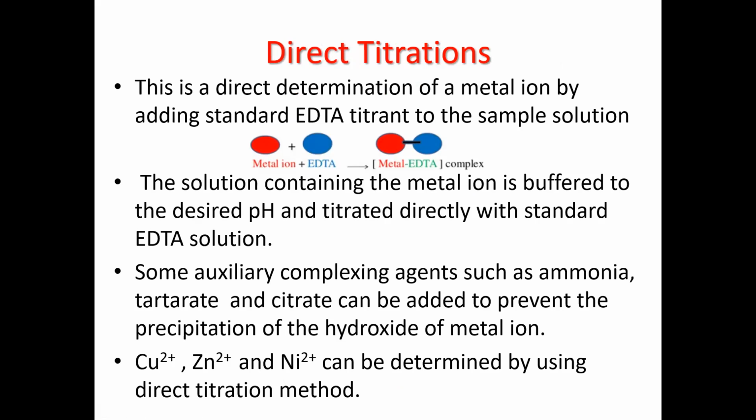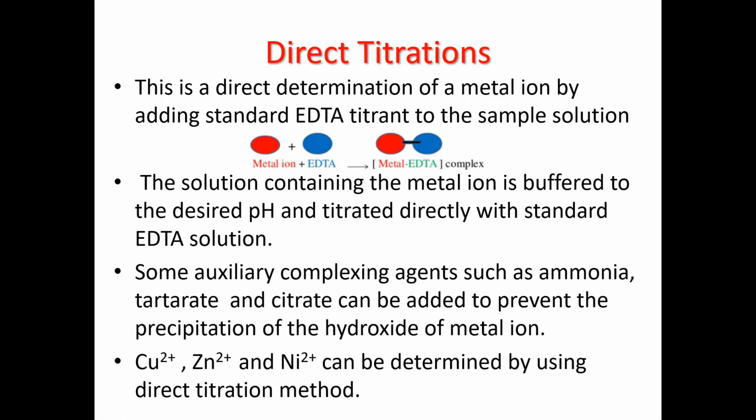But like I said, because the EDTA solution works at optimum pHs, the metal ion will be buffered to the desired pH by using buffer solutions, and then titrated with the standard EDTA solution. So the essence of the buffer there is to keep it within the range of the pH whereby it's optimum for the EDTA to complex the metal ion.